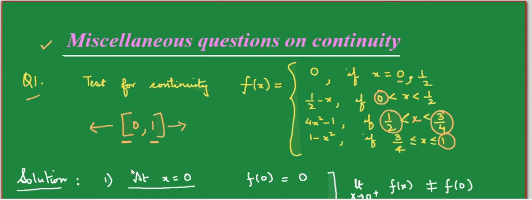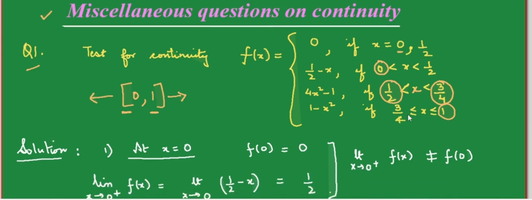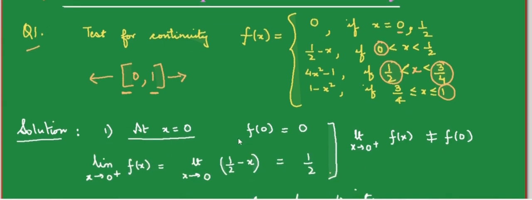Similarly, on the right of 1, there is no definition of the function, so we will not be considering the right hand limit of f at 1. So to test continuity at 0 and at 1, only one-sided limits will be considered. For all in-between points, here there are two in-between breakpoints, 1/2 and 3/4, we will be considering both-sided limits for testing continuity. So let's begin by testing continuity at 0.